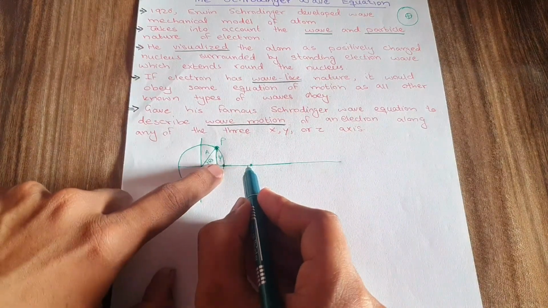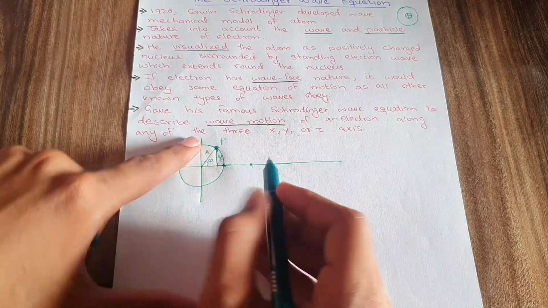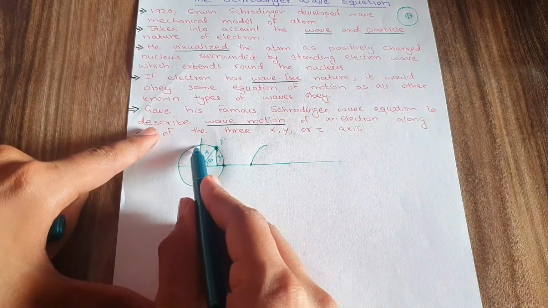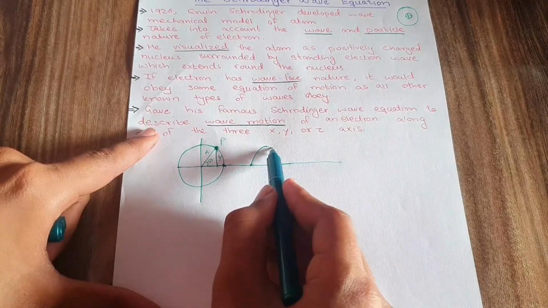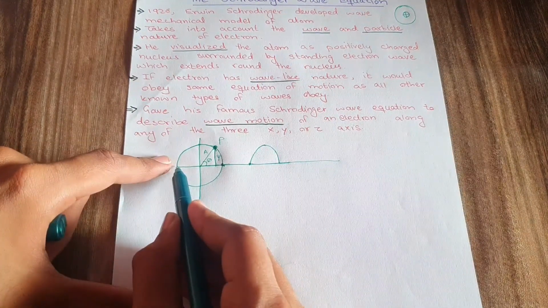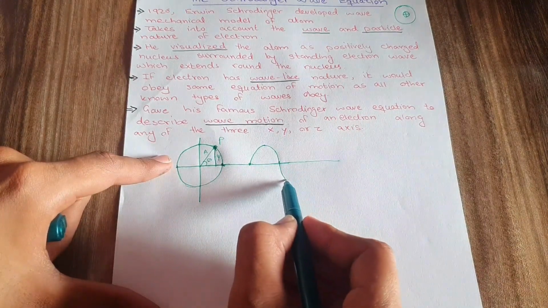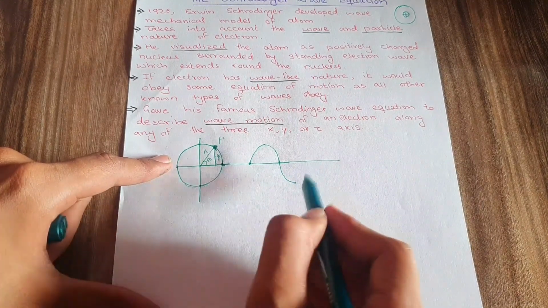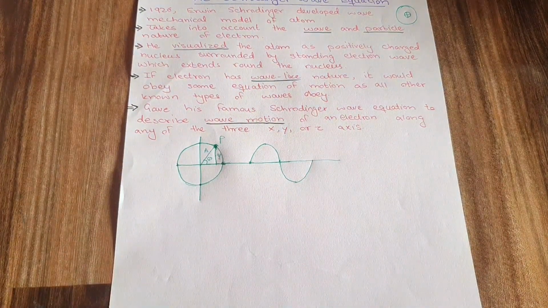When the particle moved from the zero position to its maximum, I can plot a wave like this, and then the particle came back to the zero line. Then the particle covered a distance downwards, so the wave has covered the distance in the downward direction. It is just the representation of the motion of the particle in the form of a wave.